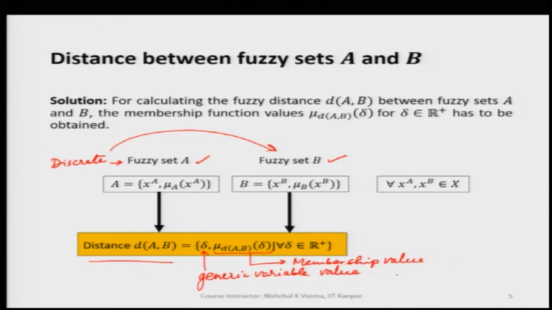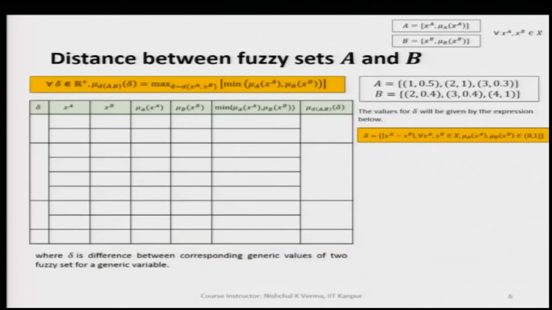So, we can say this mu d A comma B of delta is a membership value, but if we have multiple values or if this is a general function, we can say it is a membership function. So, now let us move ahead and find the distance between two discrete fuzzy sets A and B.